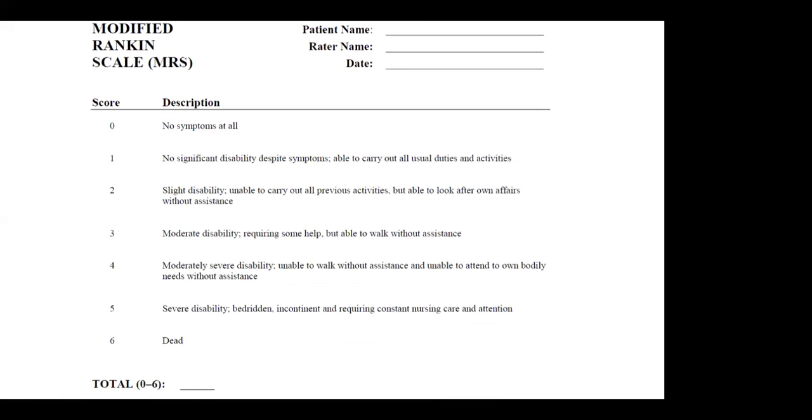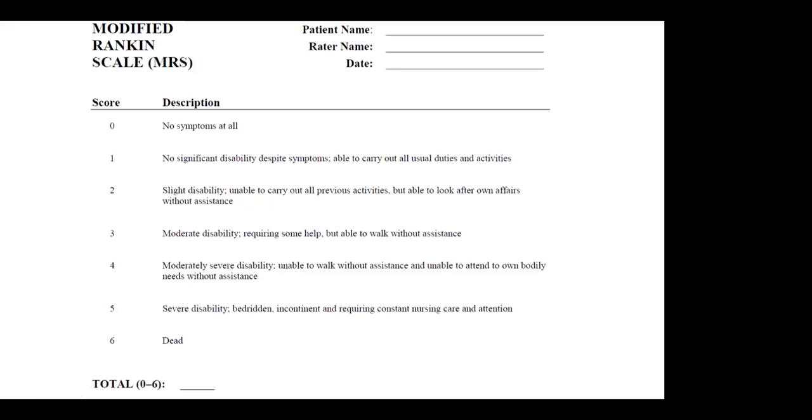So this is the modified Rankin scale score. A score of 0 is no symptoms at all. Score of 1, there's no significant disability despite the symptoms, and able to carry out the usual activities. Score of 2, there's slight disability, unable to carry out all previous activities, but able to look after own affairs without assistance.